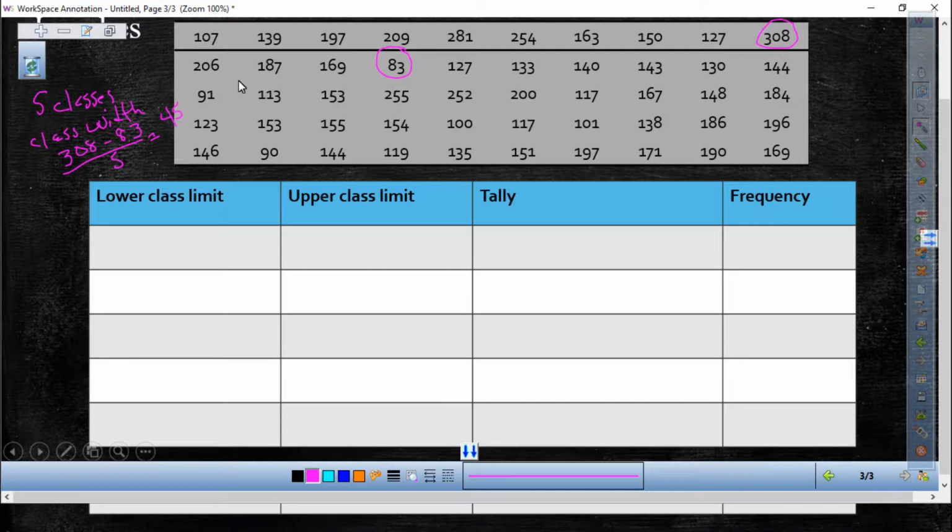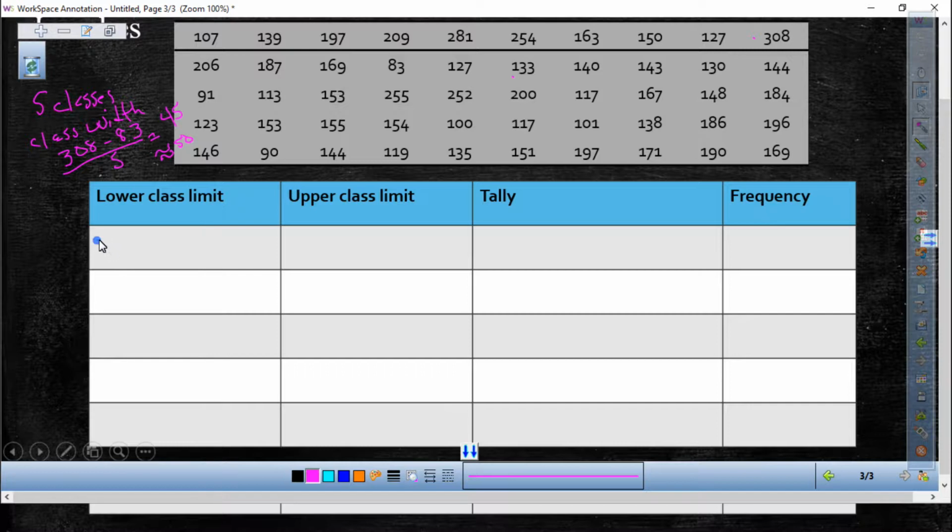Well, 45 is not a super easy number. It might be more convenient if we use 50. All right, let's use 50. Okay, so our lowest class number here was 83, so I'm going to drop it down to 75.